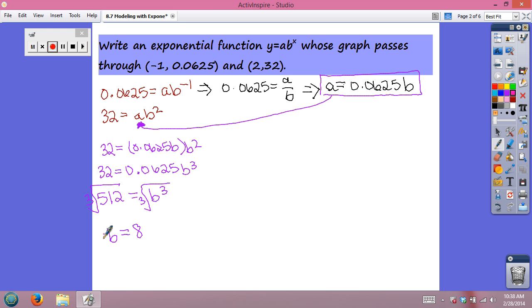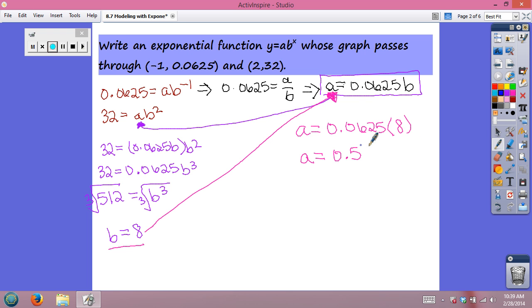So then our next step is to take this b value, plug it back into our a equation so that we can find out what a is. So now we have a equals 0.0625 times 8. So our a value equals 0.5.